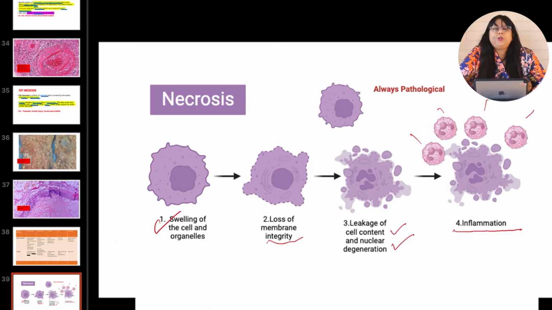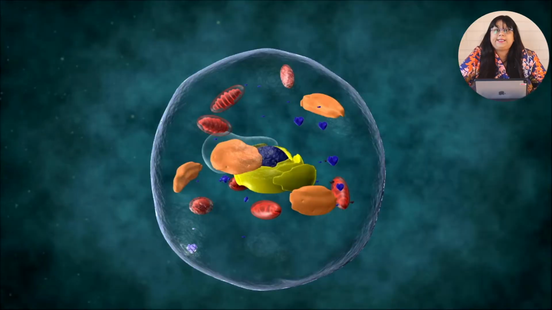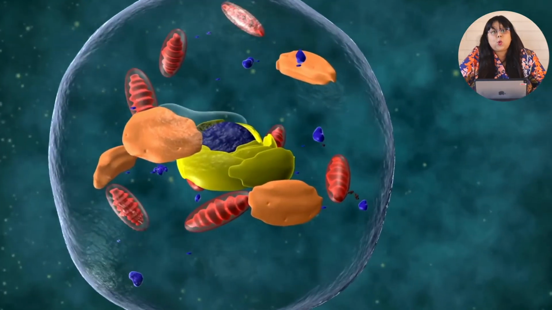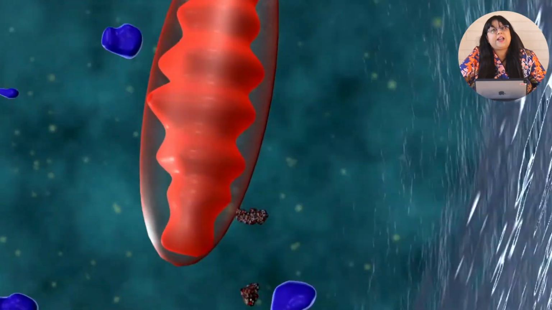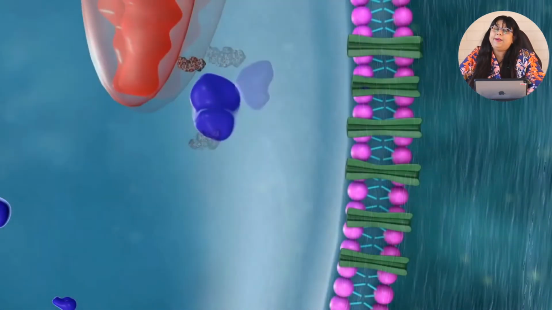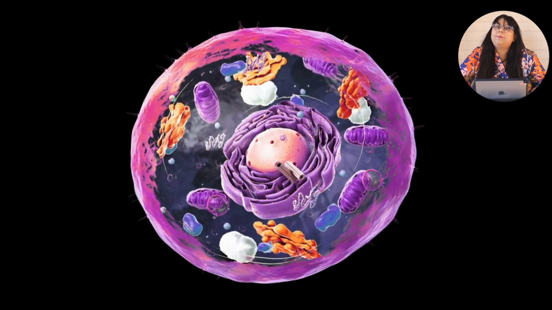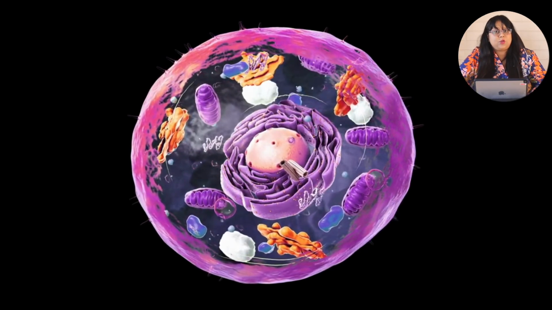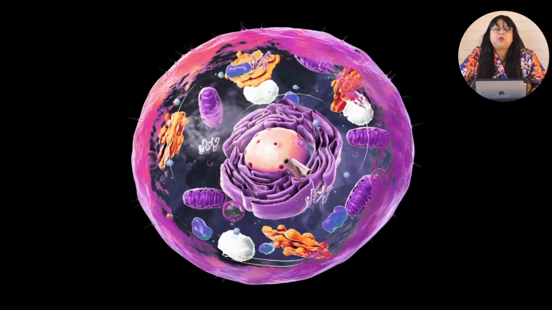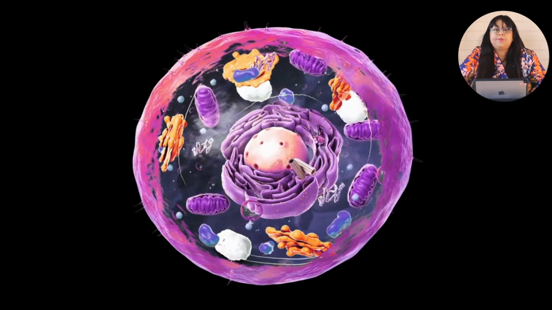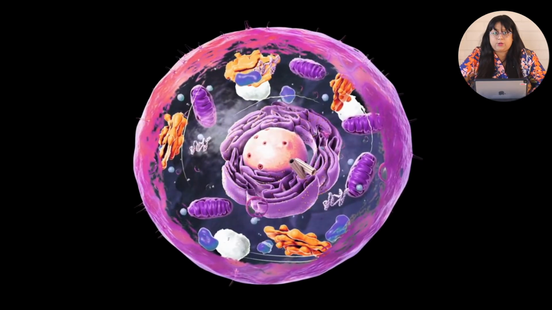Just a quick recap for you people. Necrosis is a type of cell death which is always pathological and is caused by denaturation of structural and functional proteins, that is, enzymatic digestion of the cell. There are 5 types of necrosis: coagulative necrosis, liquefactive necrosis, fat necrosis, fibrinoid necrosis and caseous necrosis.